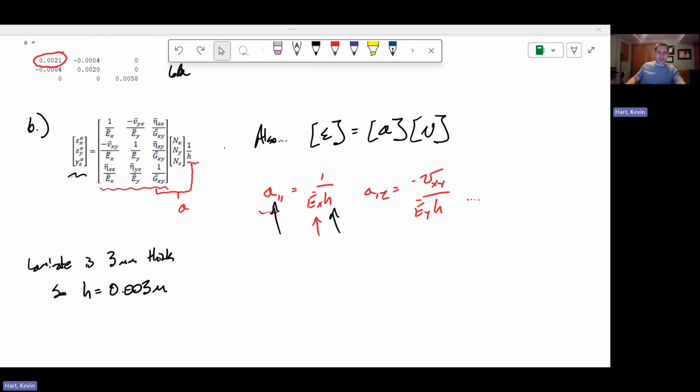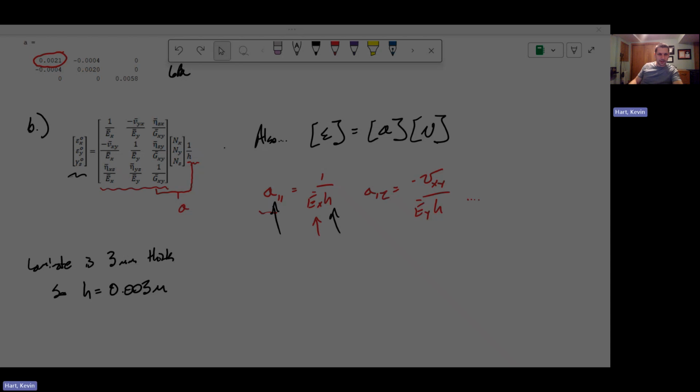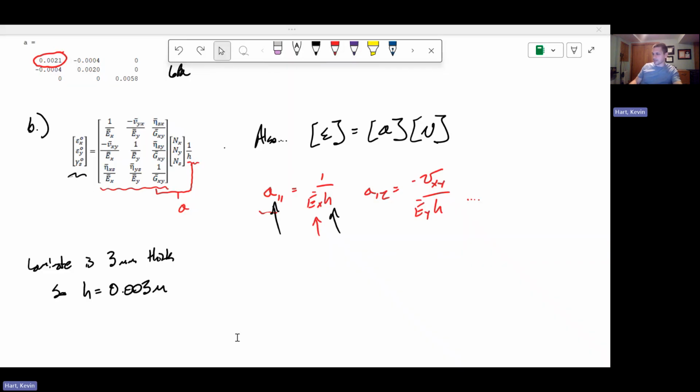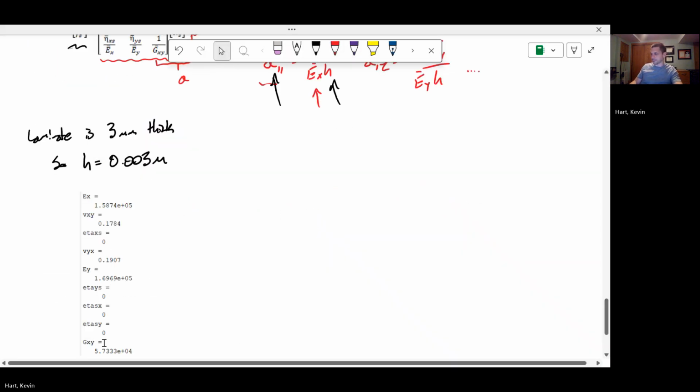I'll give it to you here. Let me punch it in really fast. And here we go. When I run it in MATLAB, this is what I get, and this is going to be in GPa.